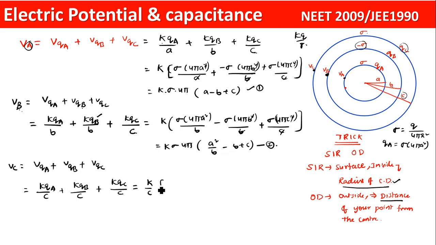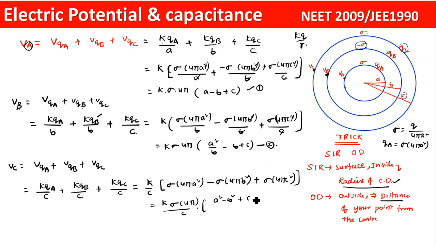QA is nothing but sigma into 4 pi A square, isn't it? Minus sigma into 4 pi B square plus sigma into 4 pi C square. I can take sigma into 4 pi common, divided by C as it is. Now here A square minus B square plus C square.